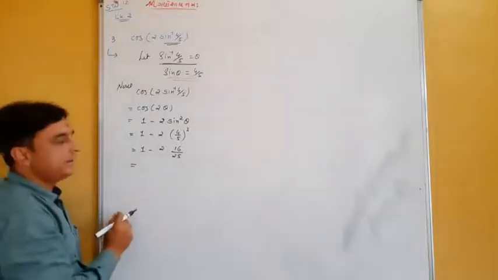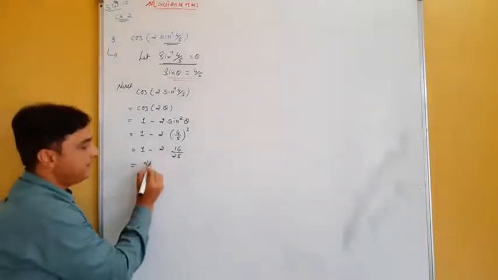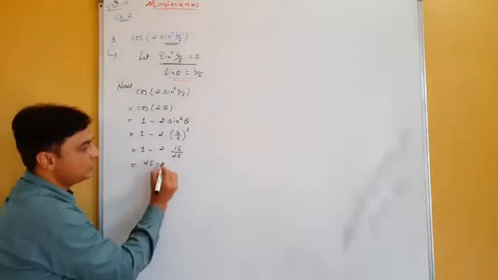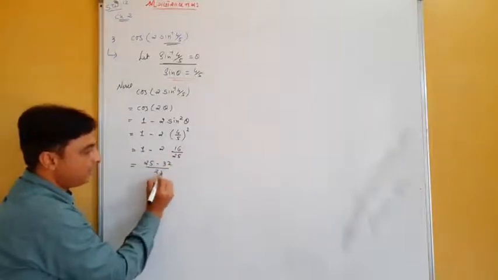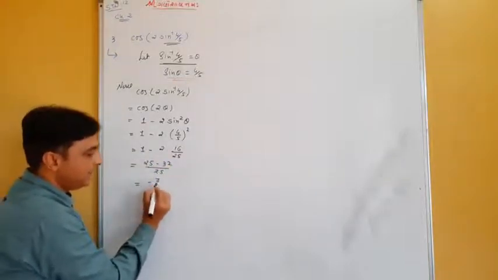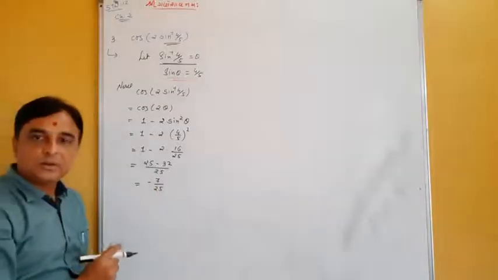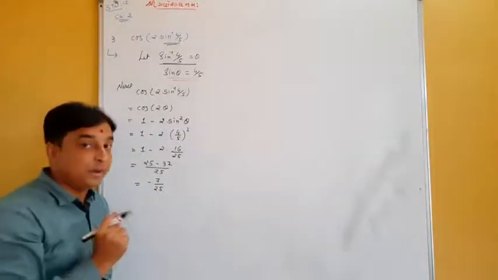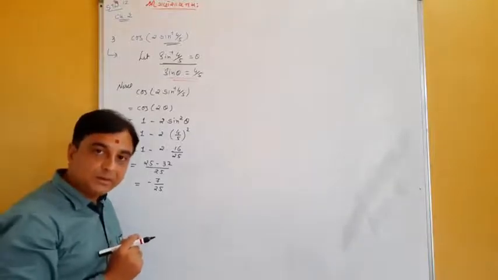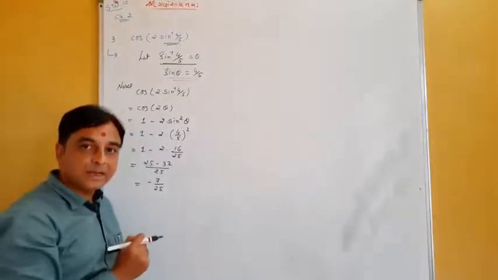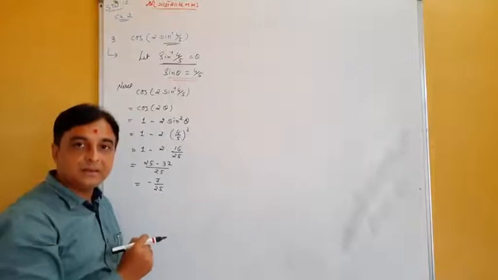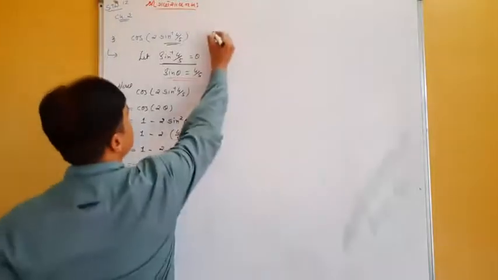Now taking LCM, 25 minus 16, 2s are 32 upon 25. So it's minus 7 by 25. So you have to remember the formulas of the standard 11 for sin 2 theta, cos 2 theta, tan 2 theta. Let's see the next example.